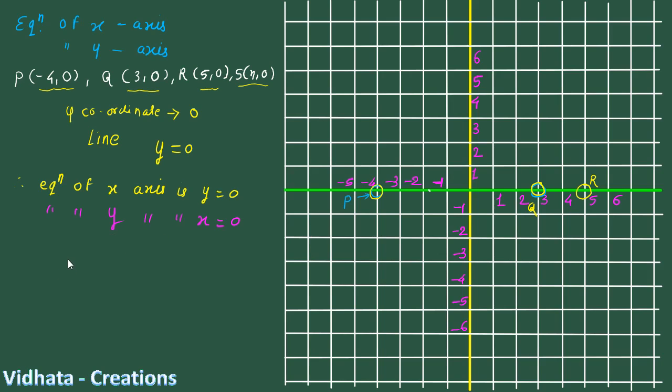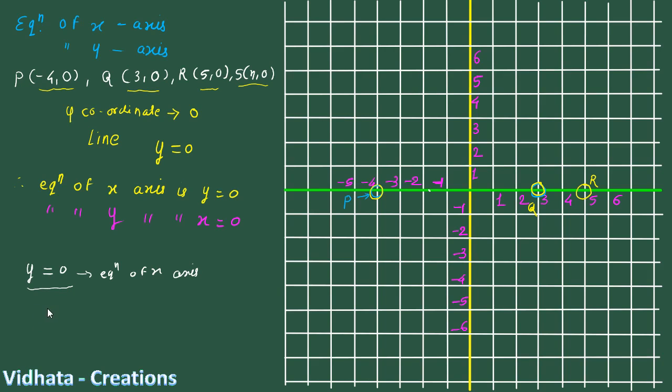Now, the equation of the x-axis is y is equal to 0. If I want to write this equation in two variables, how will I write it?